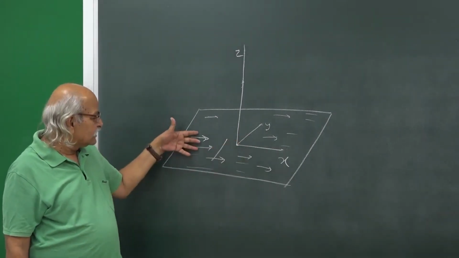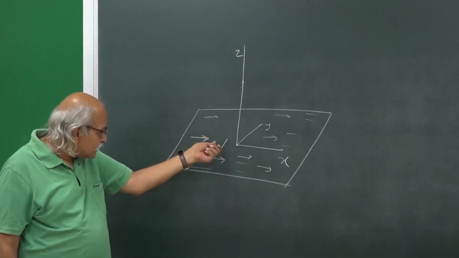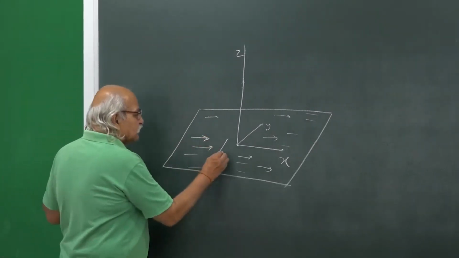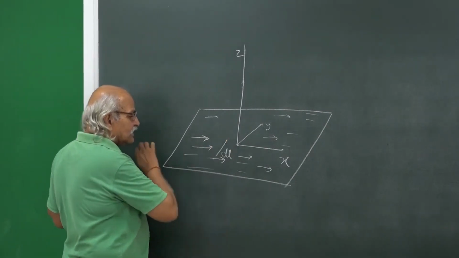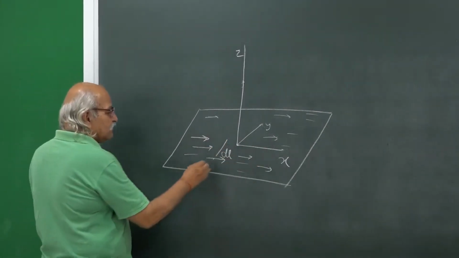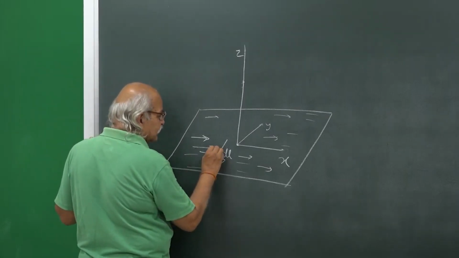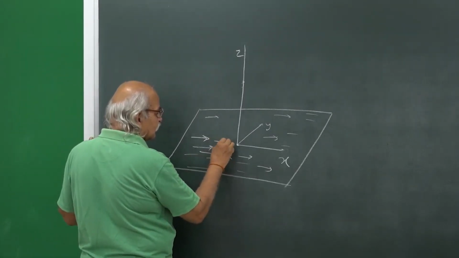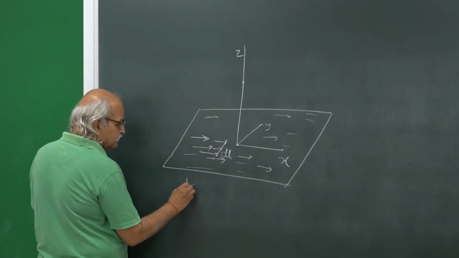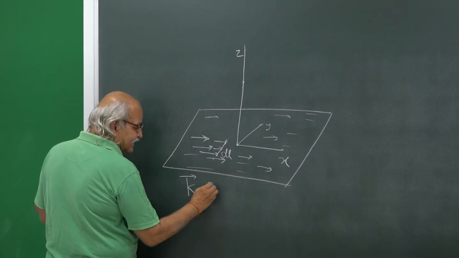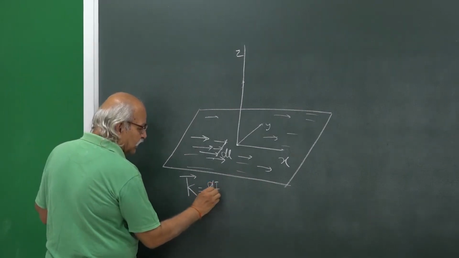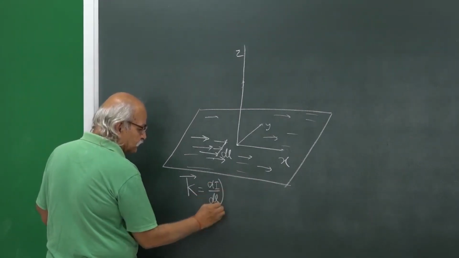The current is going in x direction and this is the y direction I am writing. So, if you take a length dl which is perpendicular to the current direction, then we ask how much current is crossing this line, and from there we define K, which is di by dl, that is the magnitude.